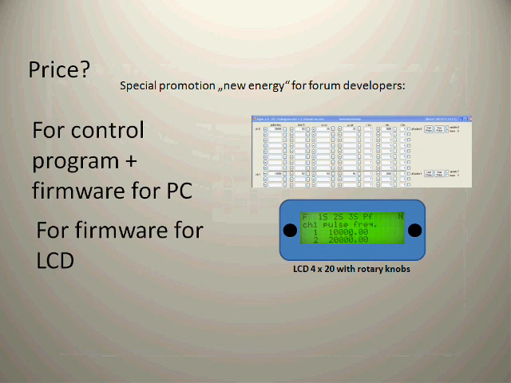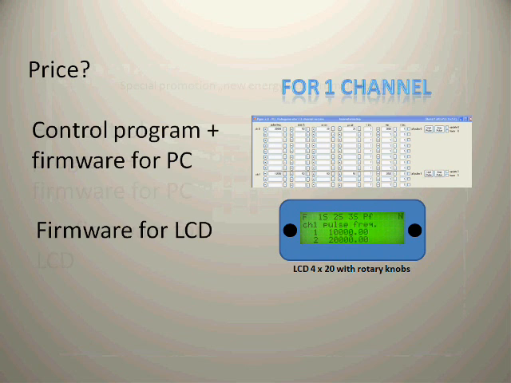What is the price for the whole stuff? There's a special promotion for new energy developments, and this means for the Windows control program and the firmware for the PC, for one channel you only have to pay $20, and the same if you decide to get the LCD solution.